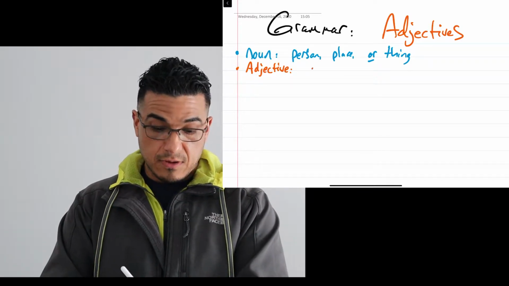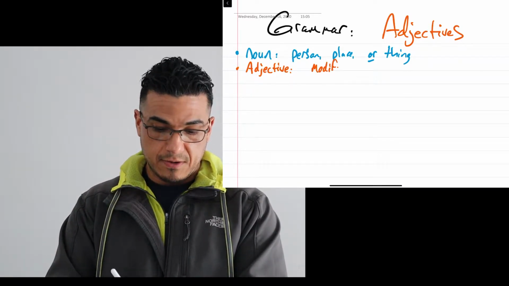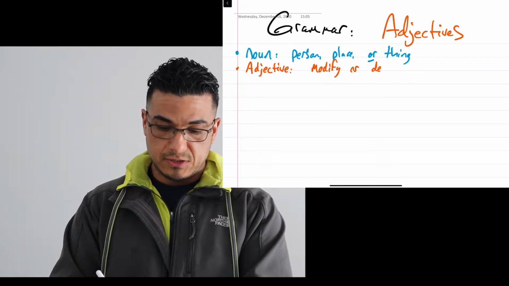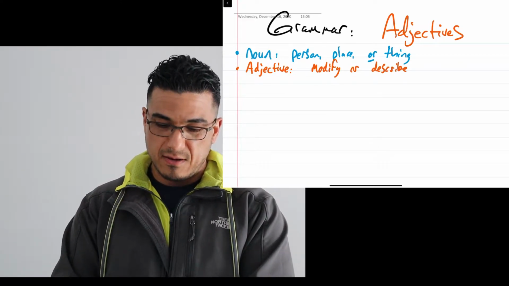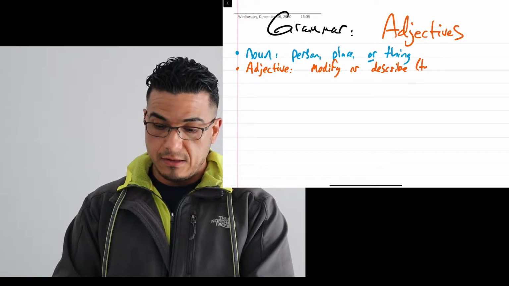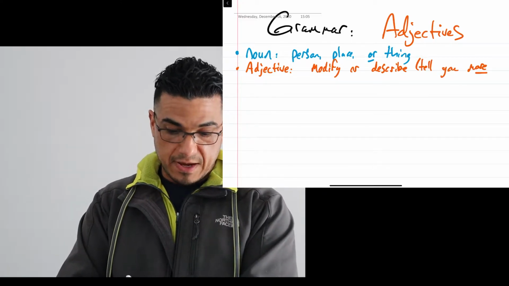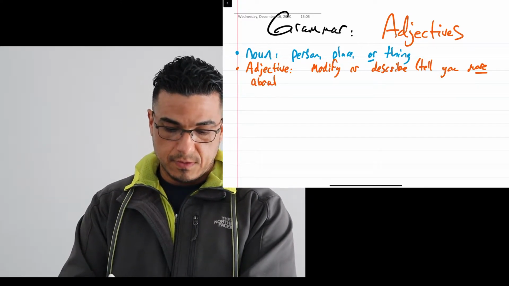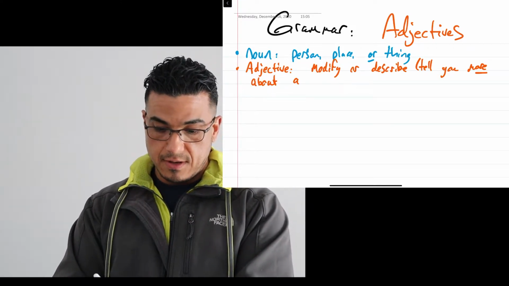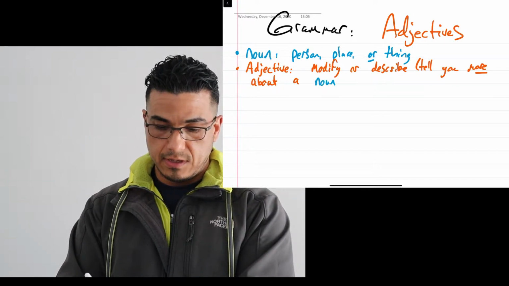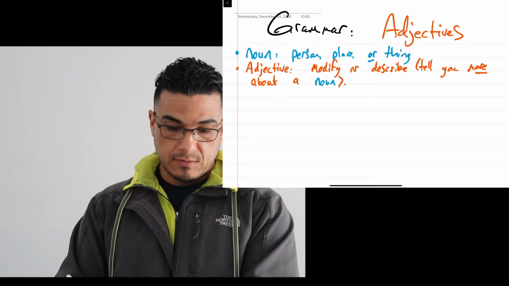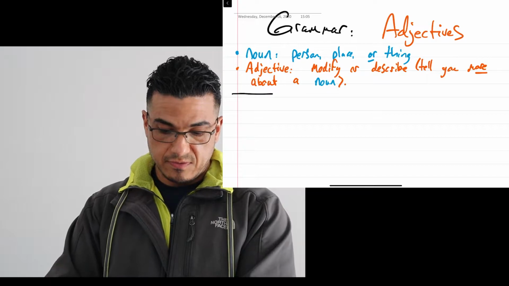So it will modify or describe, and in parentheses, I'm going to say, tell you more about a noun. Okie dokie. Now I'm going to go ahead and segment my page with this beautiful line.